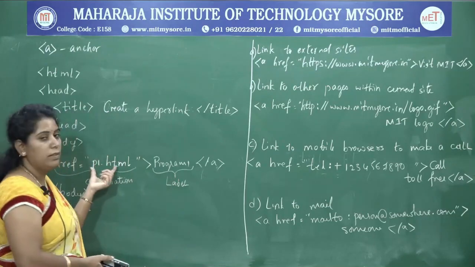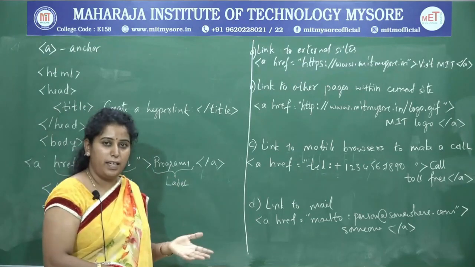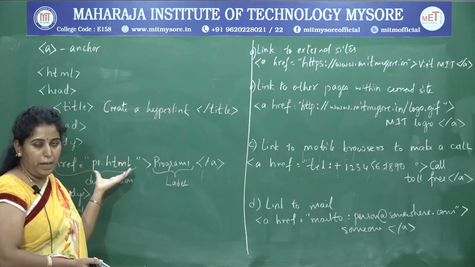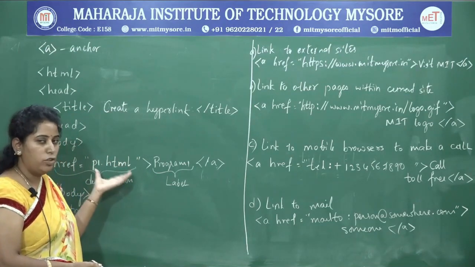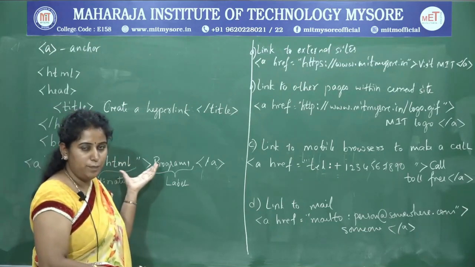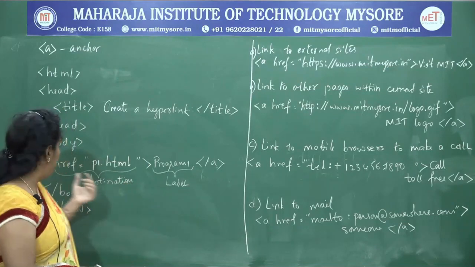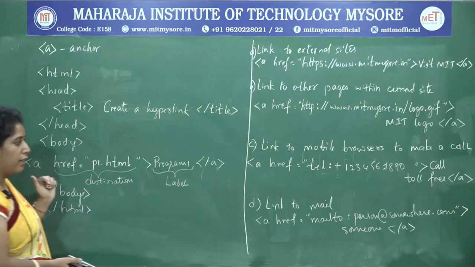In case this file is present in some other directory, then you need to pass the entire path where that file exists. So this is how a hyperlink can be created by making use of an anchor tag.